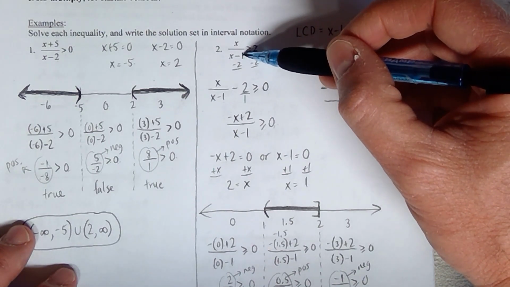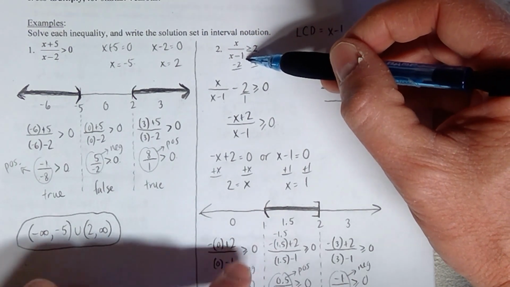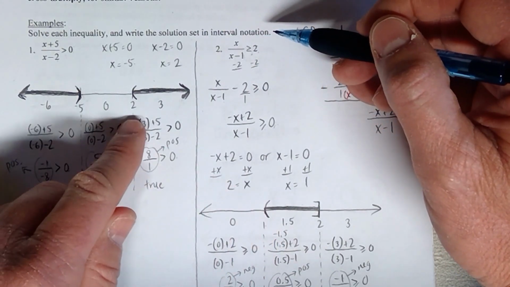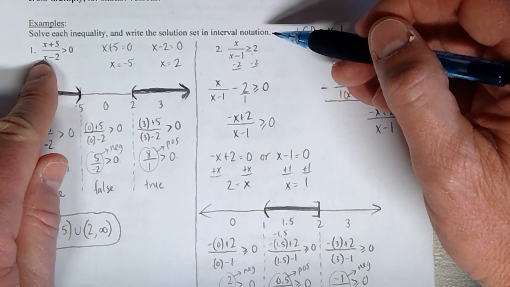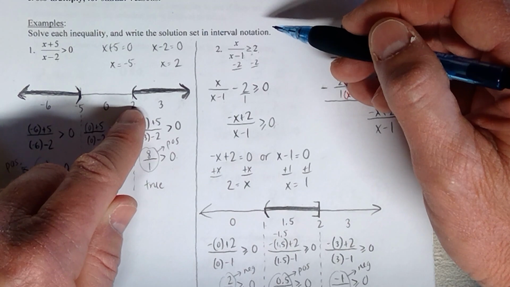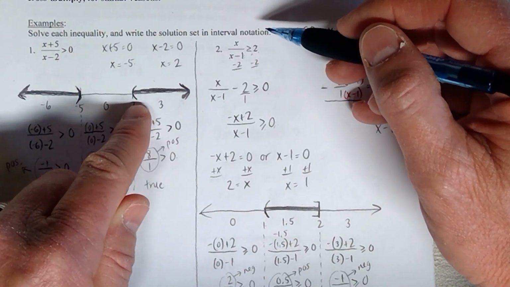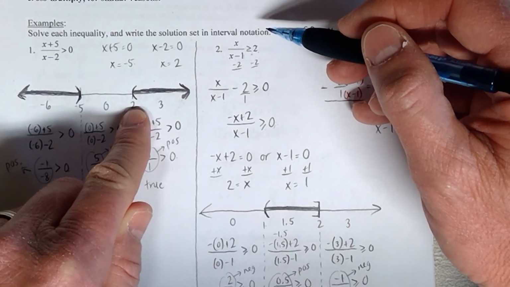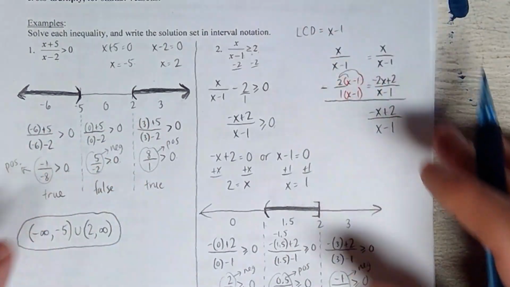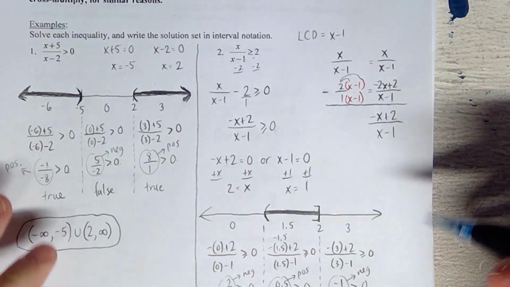So when you plug in the number 1, it makes this equal to 0, and that's why I made that round, even though it has the equal sign. Over here, even though the 2 made the denominator equal to 0, it was going to be round anyway. But if this had an equal sign, you'd still make that round, because the number that makes the denominator equal to 0 will always be round no matter what when you're doing the number line. It will always have that round bracket.